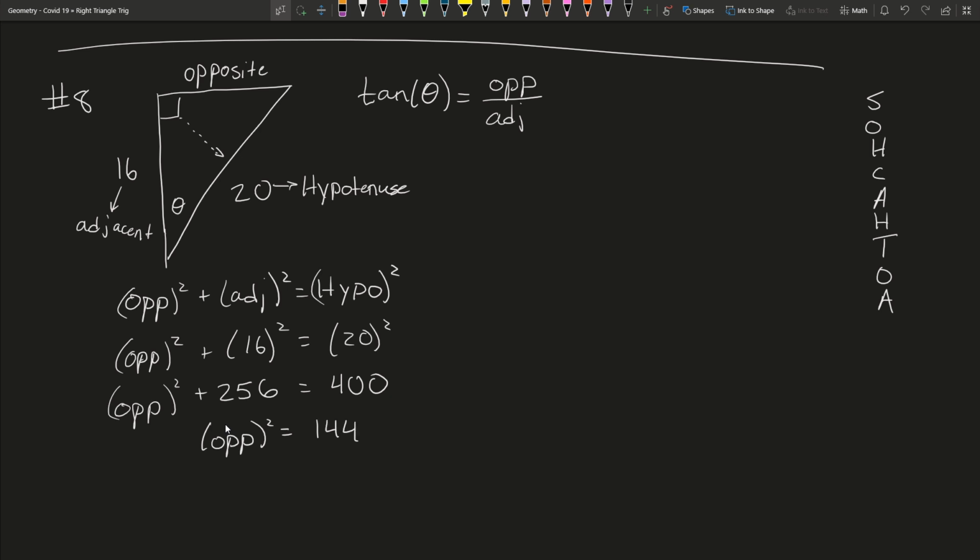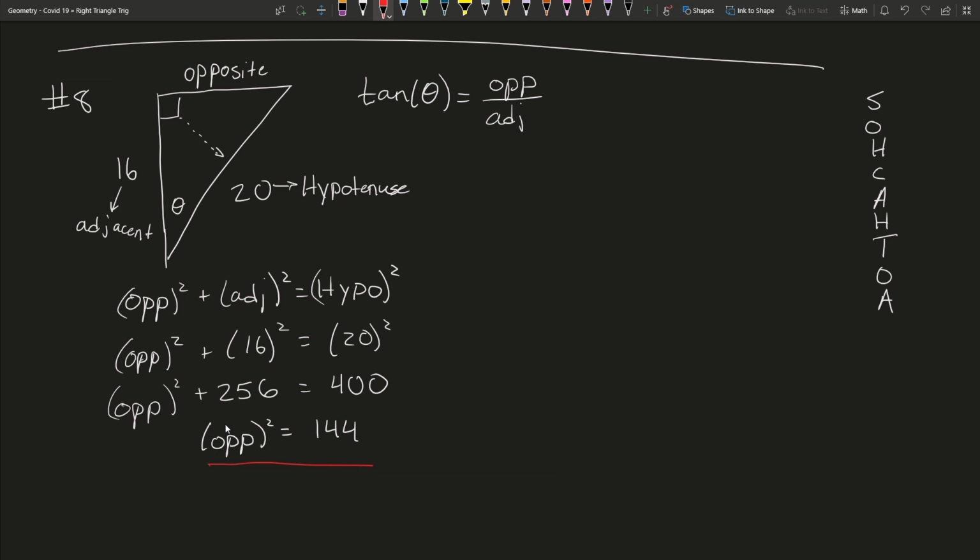And we get that the opposite squared is equal to 144, which isn't just the opposite. So we just want the opposite, not the opposite squared. Okay, so what this says is that something times itself is 144.